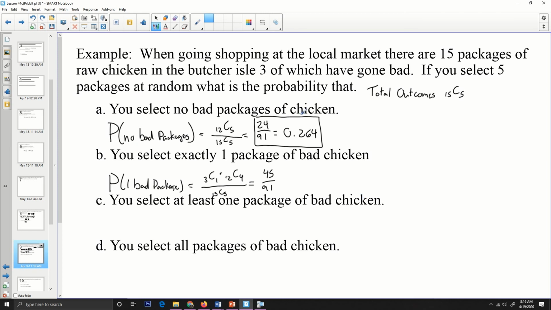If you pick no bad packages of chicken, then the remaining probabilities will have at least one in it. So the probability of at least one is the complement of no bad packages.